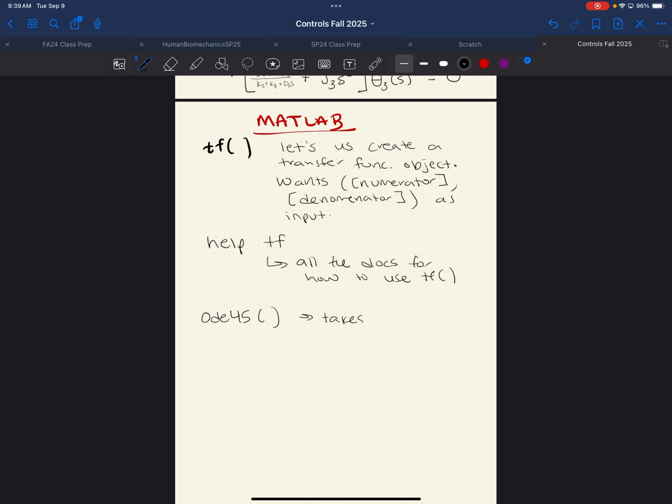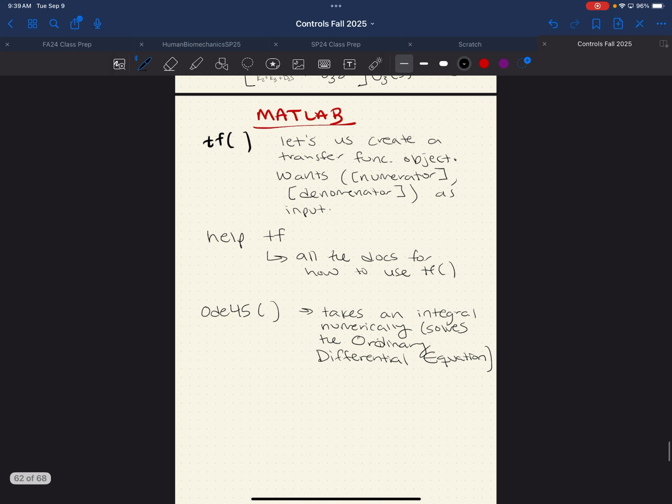So it takes an integral numerically. Okay, so in other words, solves the ordinary differential equation.